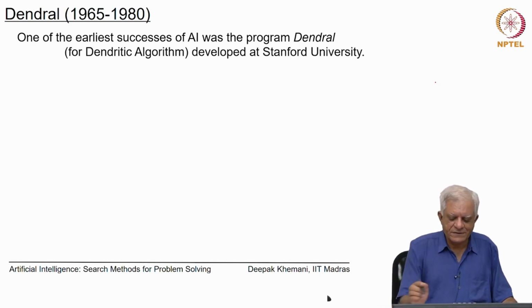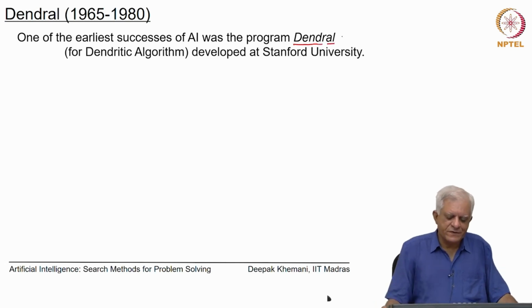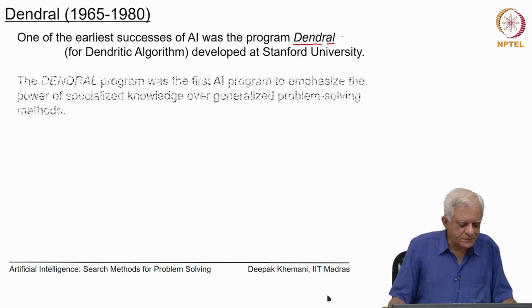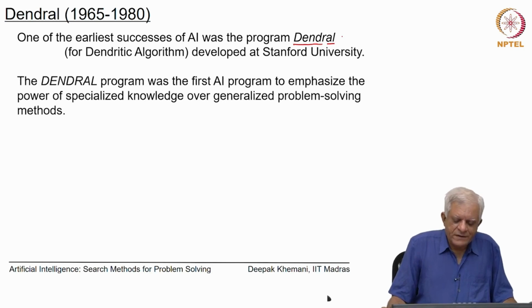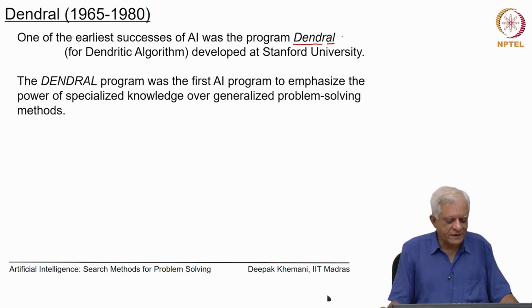This Dendral program is basically in 2 parts, dendritic and algorithms, so it got its name from there. It was one of the first programs to emphasize the power of specialized knowledge over generalized problem solving methods.